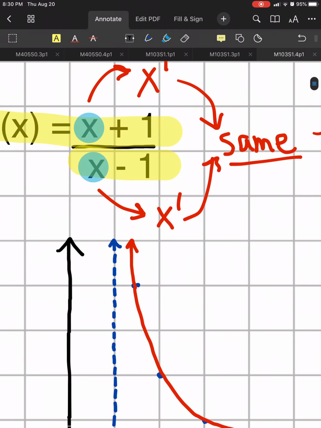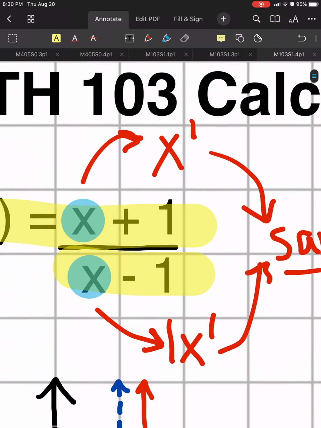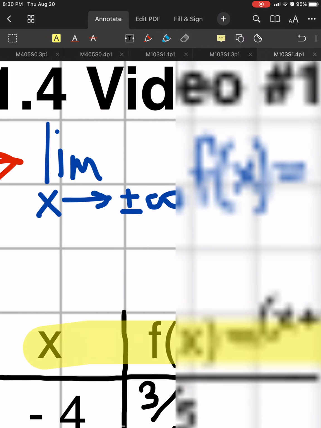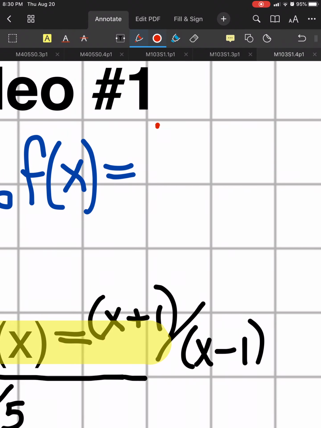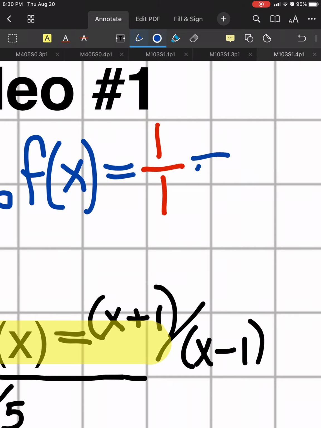So what am I multiplying x by on top and bottom? Well, both of these are 1x to the first. So the ratio of those coefficients then is 1 over 1, which gives us a limit of 1.